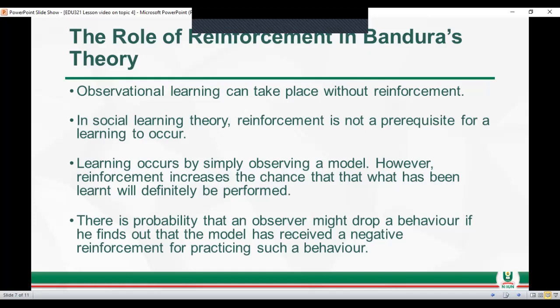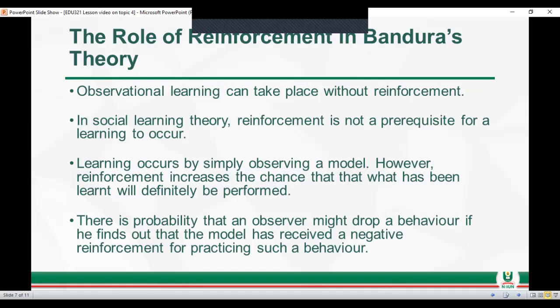However, reinforcement is not a prerequisite for learning to occur. However, reinforcement can increase the chance that what has been learned will definitely be performed. That is the role of reinforcement in Bandura's theory. Remember what we said about the 4th point, motivation.